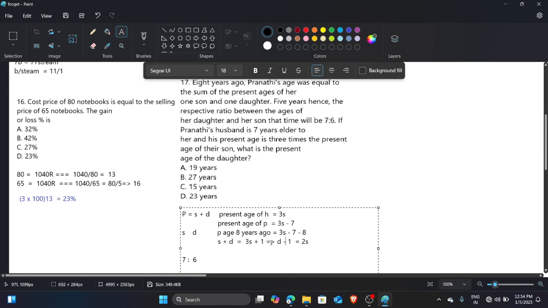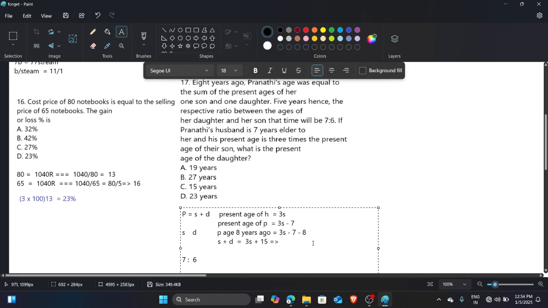If you subtract it, then it is 8 minus 15. Yeah, 15. Then this is not the correct one.